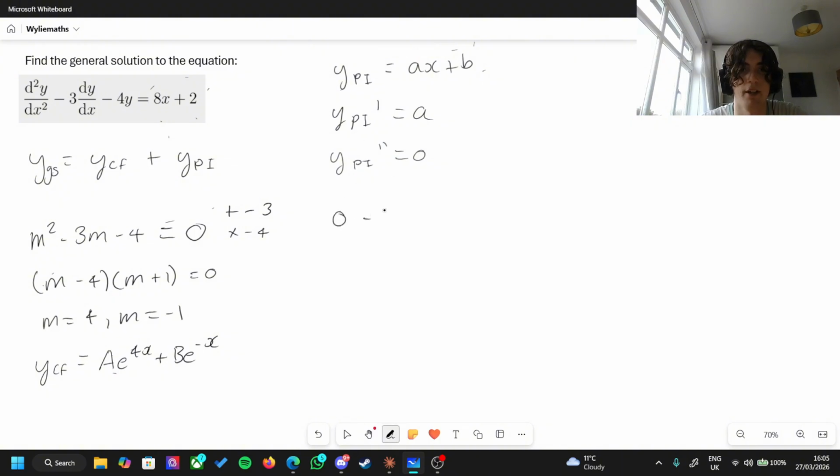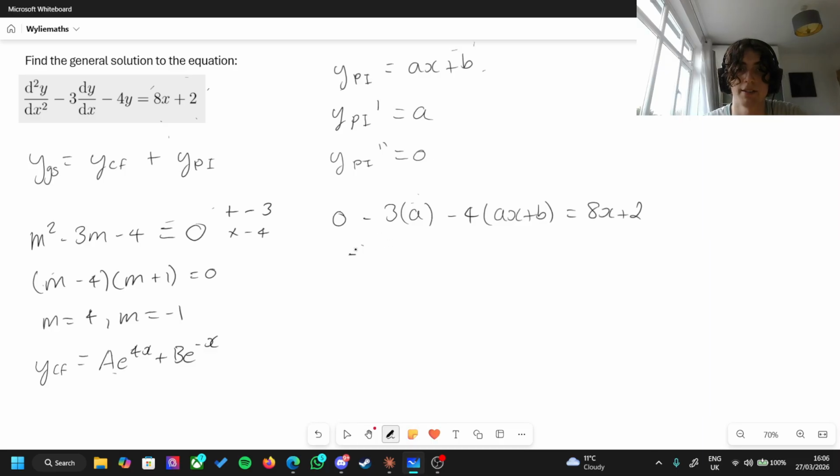We then substitute this into our original equation. So we're going to have 0 - 3 dy/dx, which is just a, - 4 of just y, which is ax + b, and this is going to be equal to 8x + 2. Lovely job. So now we will simplify the left-hand side and compare the coefficients to see what our a and b solutions are.